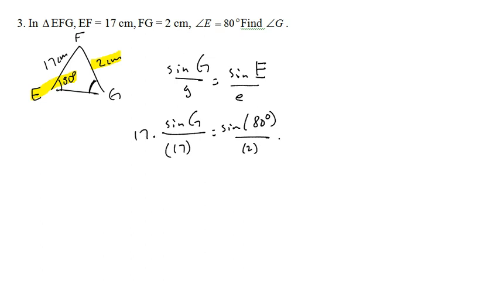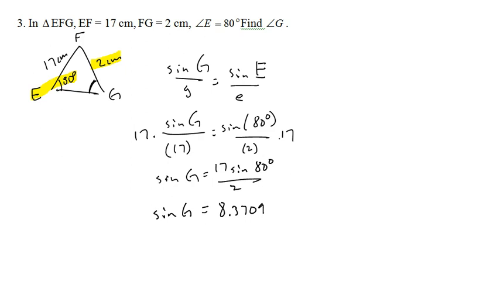Multiply both sides by 17. I get sine G equals 17 times sine 80 degrees all over 2. Punch that into my calculator, I get approximately 8.3709. And when I punch that into my calculator to find angle G, we get an error.